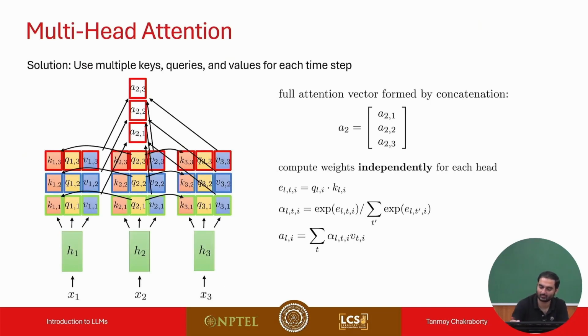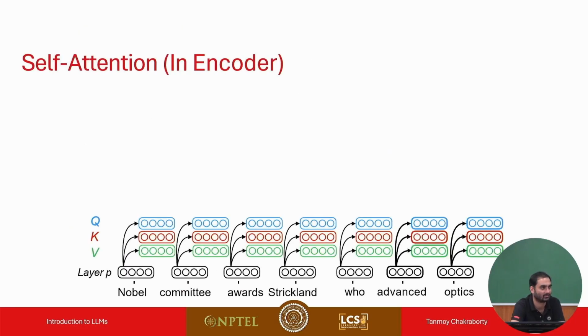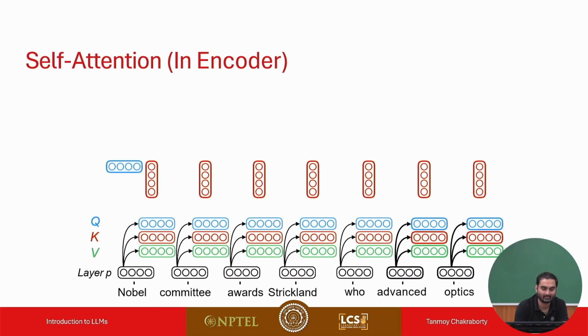This is just for the purpose of illustration. In this example, there are 3 heads. You see there are 3 attention vectors, and the 3 attention vectors are concatenated. Let's look at this very interesting illustration. This is the sequence, and these are the tokens. For every token, I generate a query, which is the blue vector, a key, the red vector, and a value, the green vector.